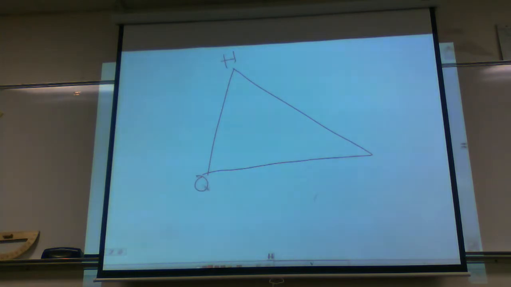HQ, JA. And then I need a point here because I'm going to draw a midpoint. Which one? What is that, S?